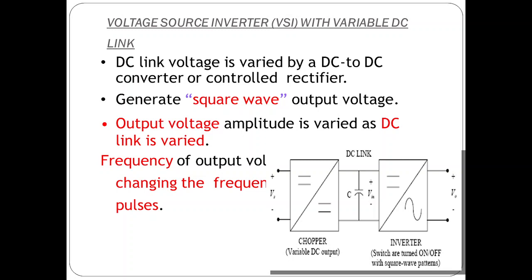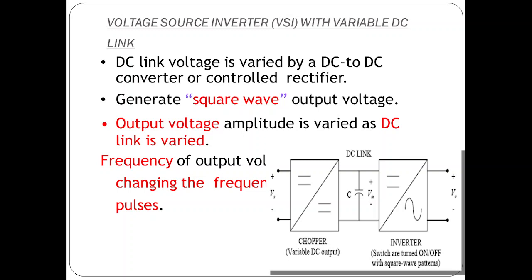The output voltage amplitude is varied as the DC link is varied. Now the frequency of the output voltage is changed by changing the frequency of the pulses. So we are seeing that the frequency changes the output voltage in the voltage source inverter with variable DC link.